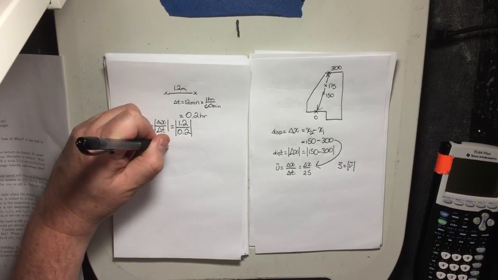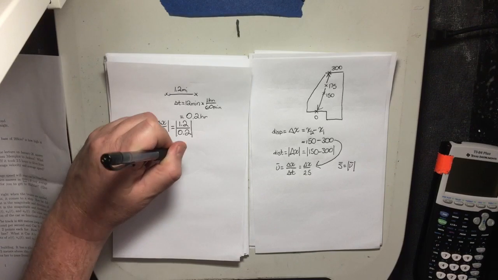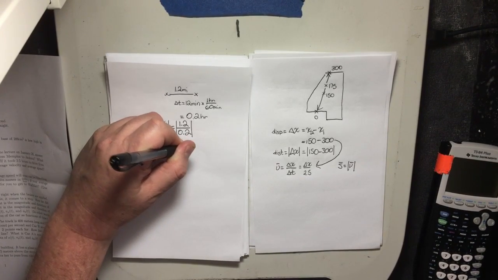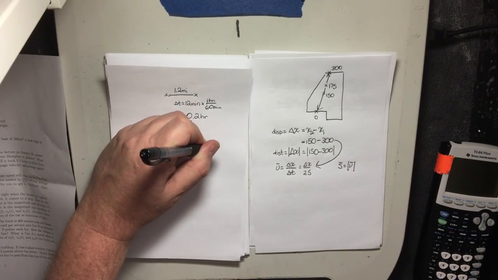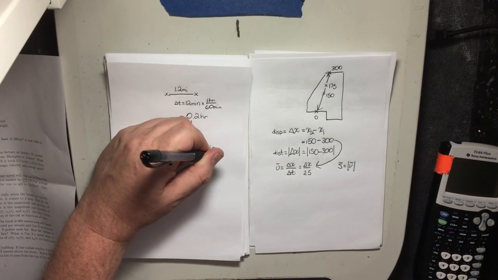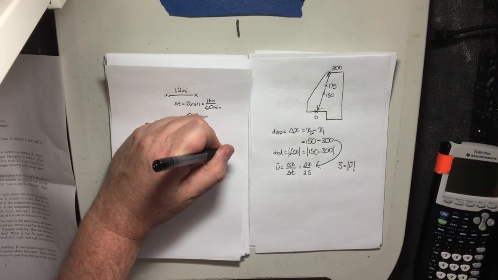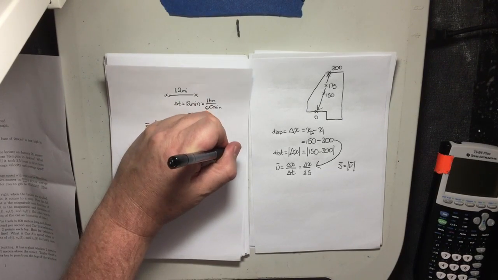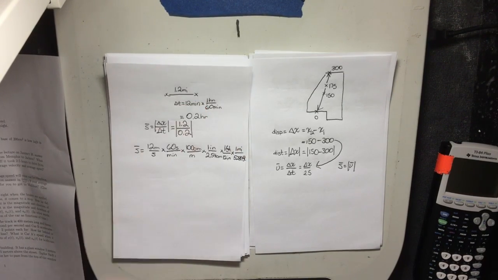We could do all sorts of conversions: 60 seconds per minute, 100 centimeters per meter, 1 inch per 2.54 centimeters, 1 foot per 12 inches, 1 mile per 5,280 feet. And that will give you your average speed in miles per minute.